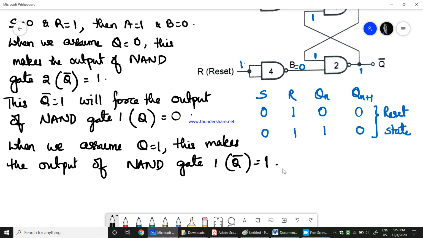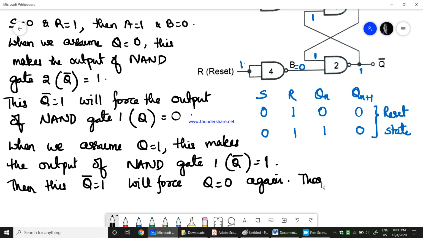Then this Q bar equals 1 will force Q to be equal to 0 again.